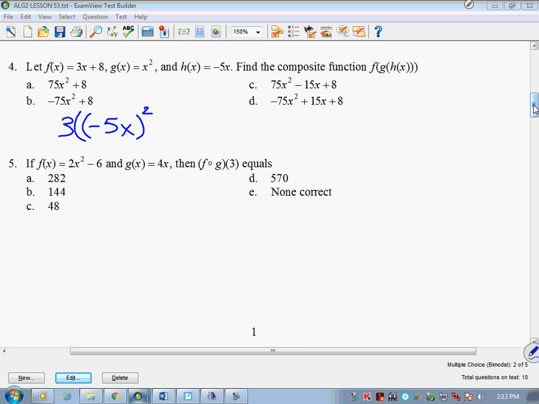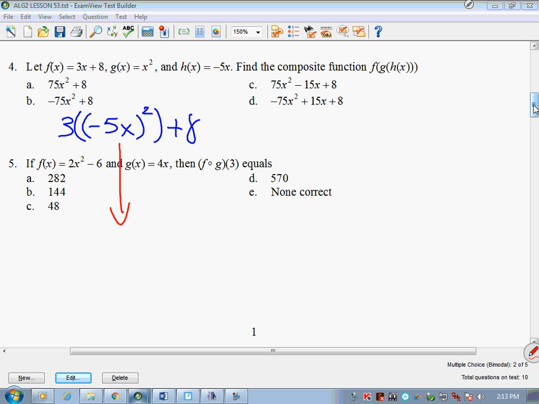Now what's next? A parenthesis, right? So that's going to finish that off, plus 8. So that is where we would start with the composite function of f of g of h of x. Now, let's go on down here and finish solving it.